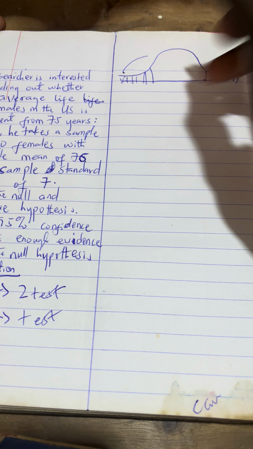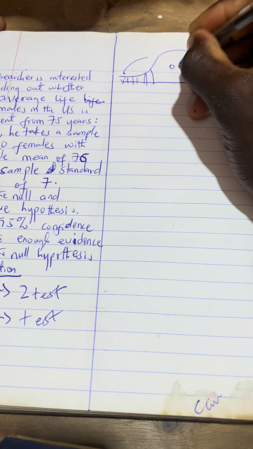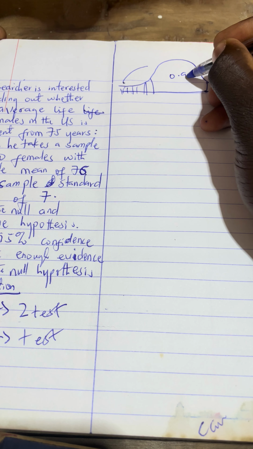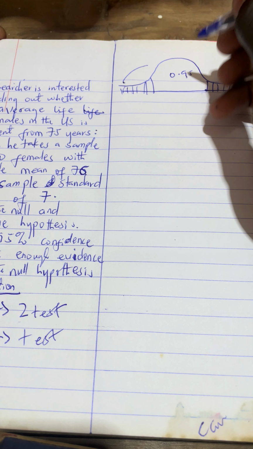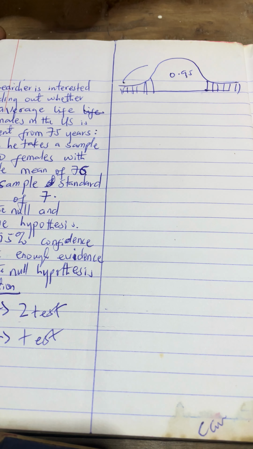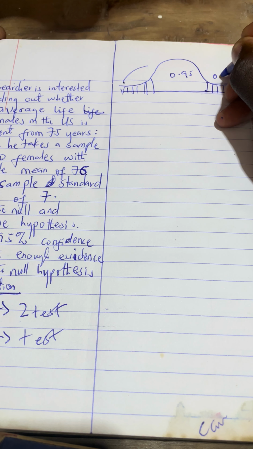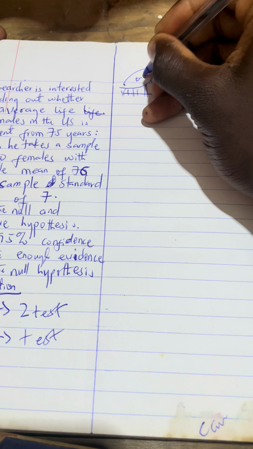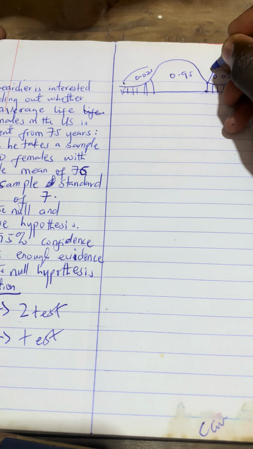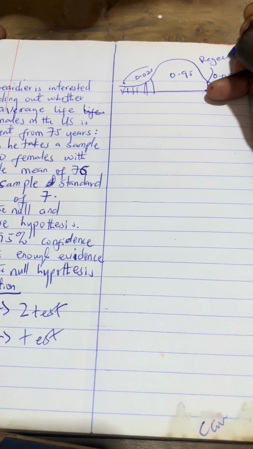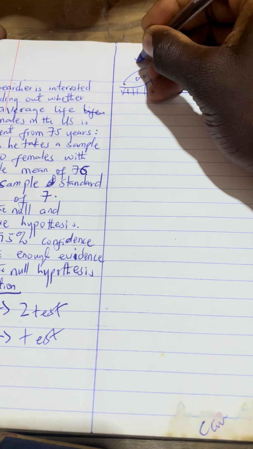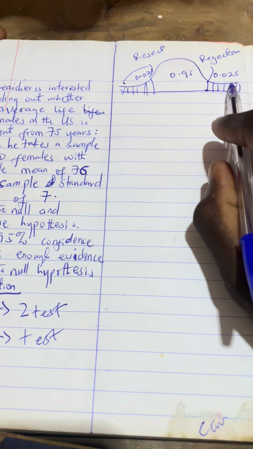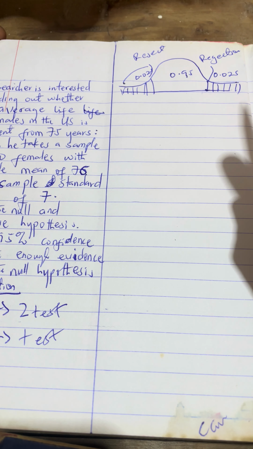We have a confidence level of 95, so the left over is 0.05. Then we divide the leftover by 2, and we have 0.025 on each side. So this area is the rejection region. Now we have to go and look for the critical value from our Z table.